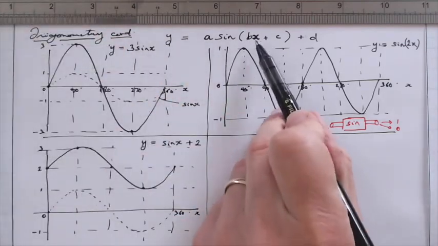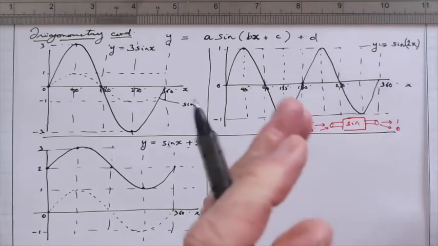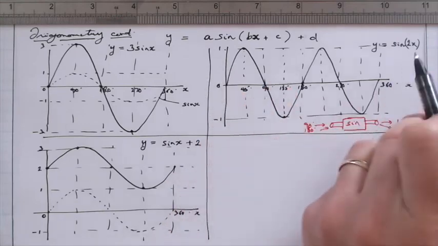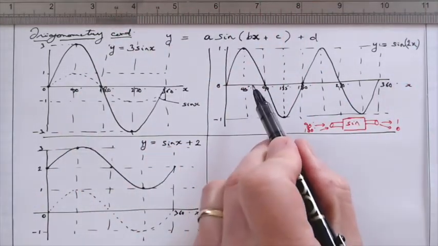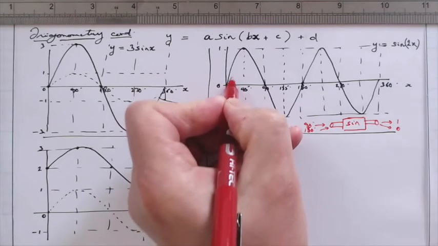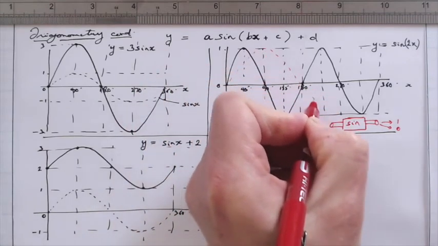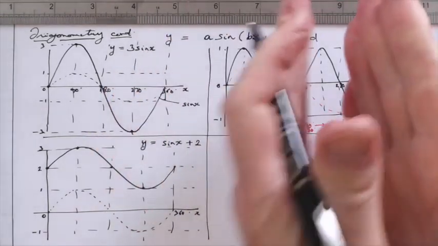But multiplying the x inside sine by a number, it has sort of the opposite effect. So multiplying x by 2 compresses the function by a factor of 2. So we go from, let me maybe just sketch the ghost of sine after all, now that we've done this. Here's what sine of x would have looked like on that graph, and you see it's been compressed by a factor of 2.